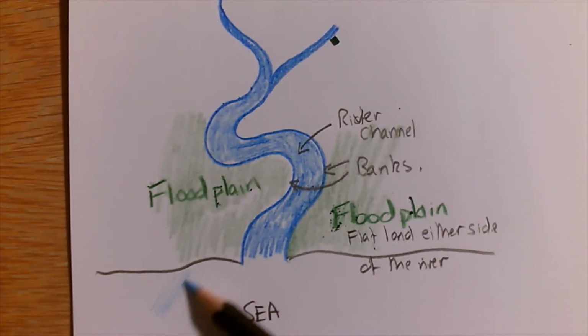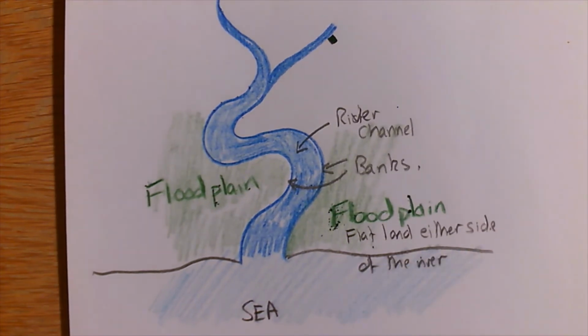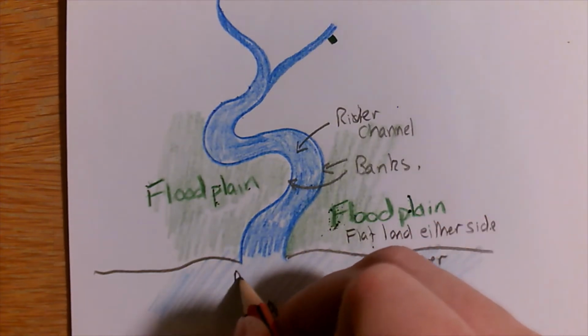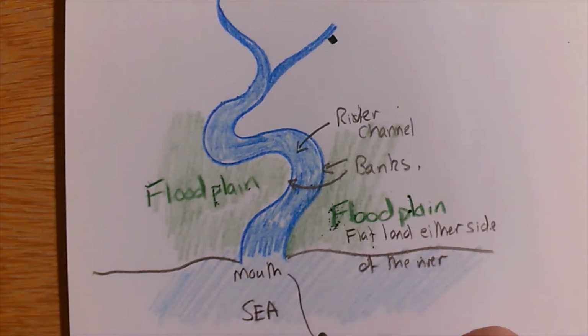Now, just putting the sea in a different colour, where the water or the river enters the sea, we call this the mouth. And that is where the river enters the sea.